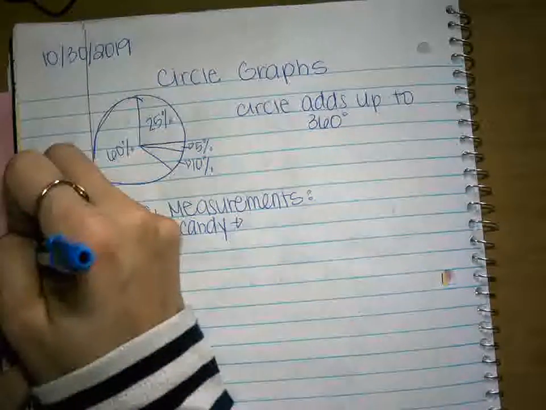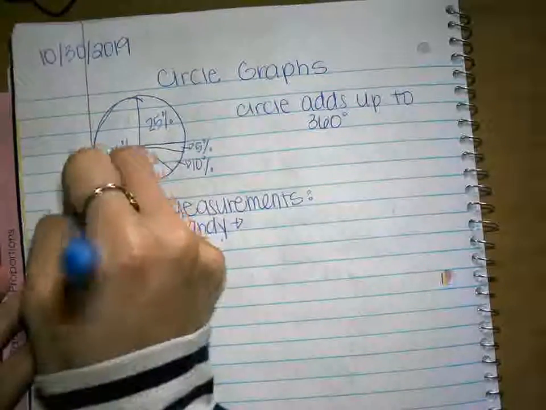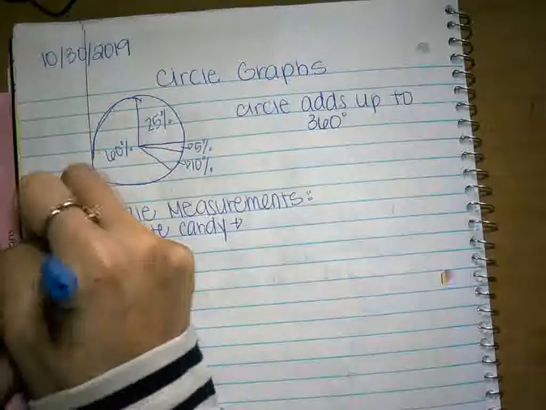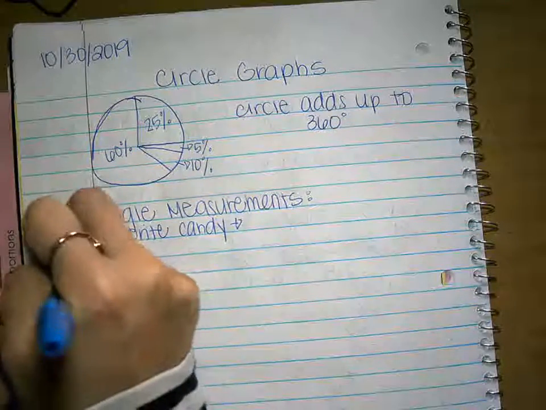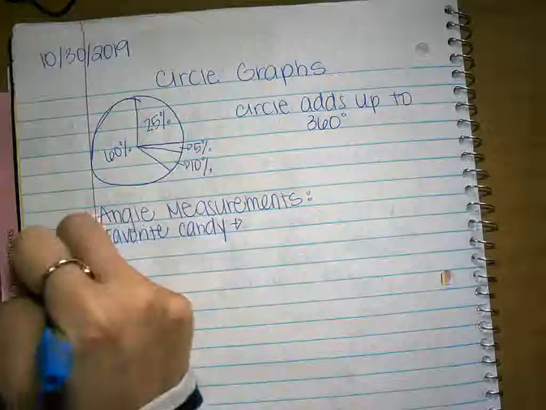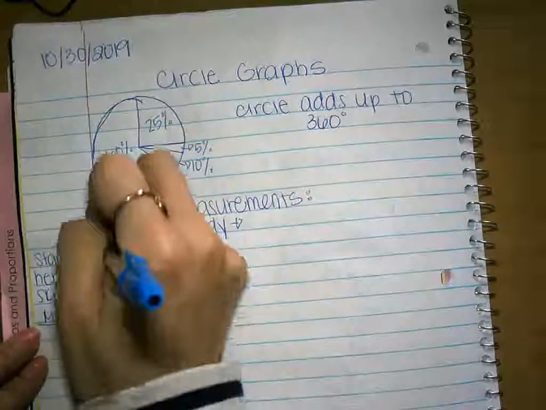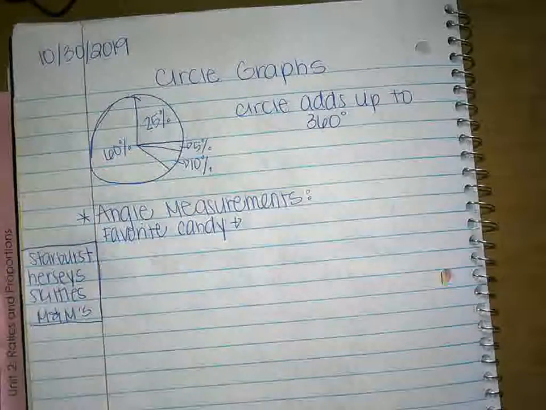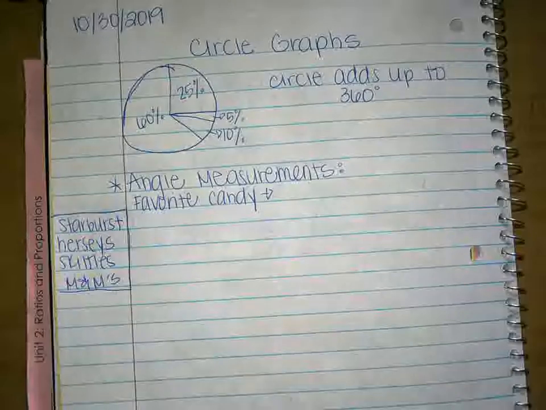Let's say that they could choose between Starburst, Hershey's, Skittles, and M&M's. Those are our four choices: Starburst, Hershey's, Skittles, and M&M's.